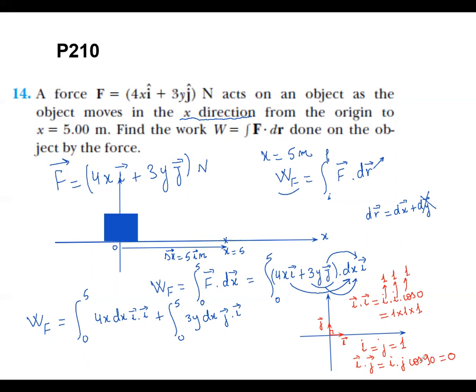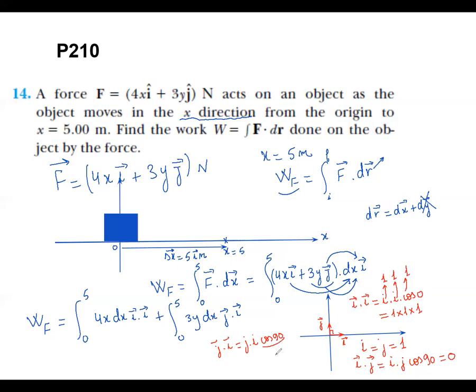It's an important point. So i dot j or j dot i, you get the same value, because j dot i equals j i cosine 90.